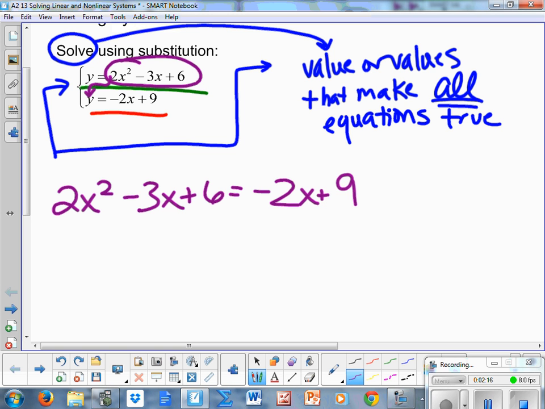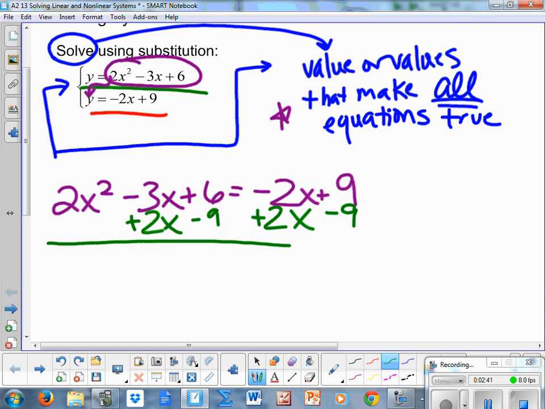Remember, I'm trying to find the value or values that make all equations true. I need both x and y for that to happen. I don't have a y, but I can solve for my x. I'm going to do that by first putting it in standard form, because we know quite a few ways to solve once we have it in standard form.